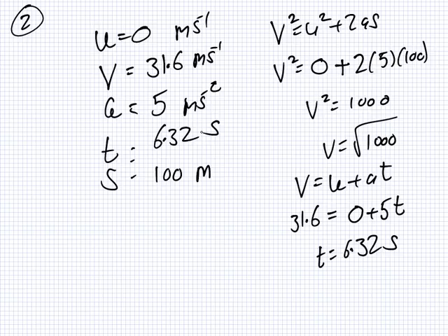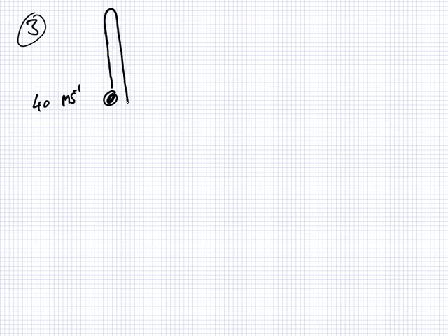Okay, so what's happening in number 3? A ball is thrown vertically upwards with a velocity of 40 meters per second. How long until it hits the ground? So it goes up and comes back down. This one is a little bit tricky, but we'll see what we do. So the U is what? 40. The V we don't know.